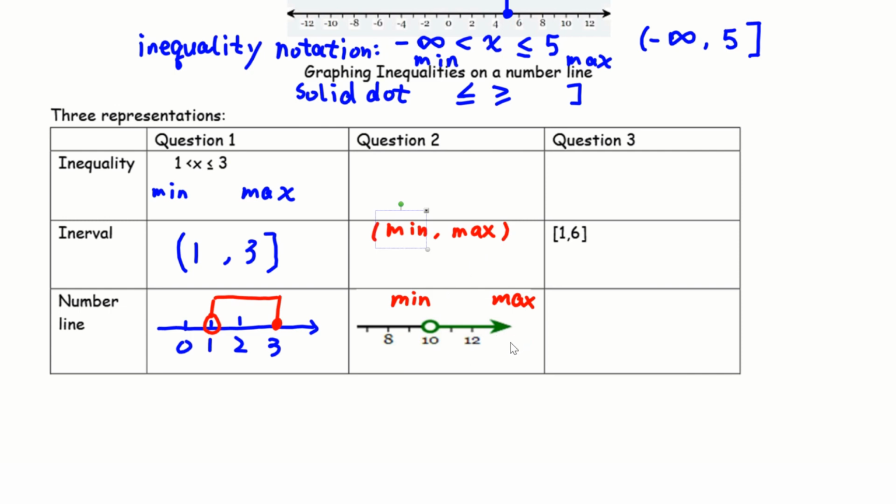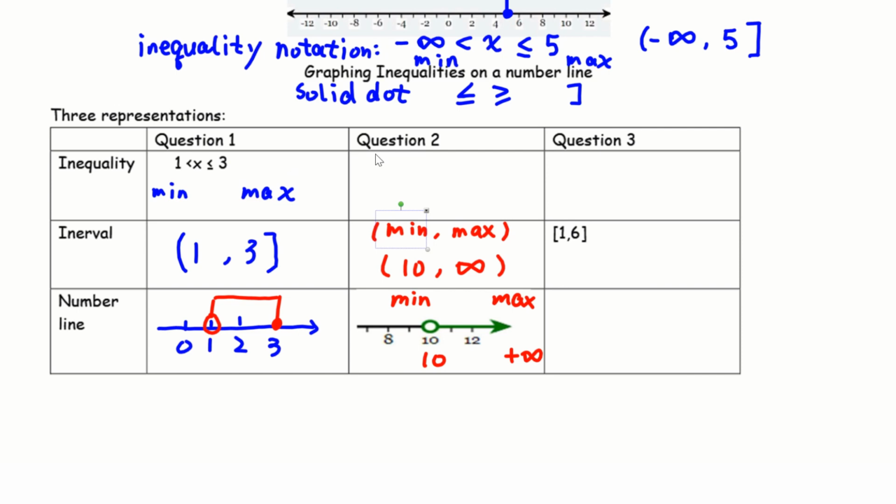For infinity, we don't use a squared bracket because you will never reach infinity. So from here, you will see the minimum is 10, the maximum is positive infinity. We write it as interval notation: bracket 10, then positive infinity.